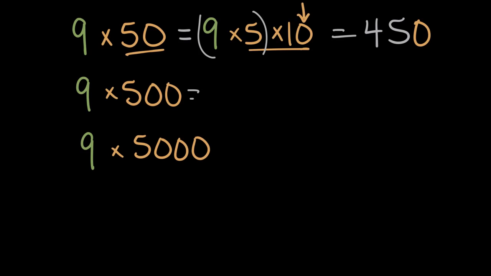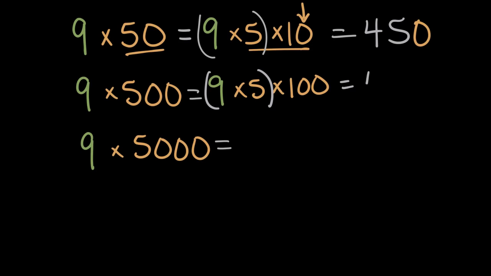We can keep going here. 9 times 500 will be 9 times 5 times 100. 500 is 5 hundreds, just like 50 was 5 tens. Multiplying across, 9 times 5 still equals 45. But this time we will add 2 zeros to the end, or 4,500.